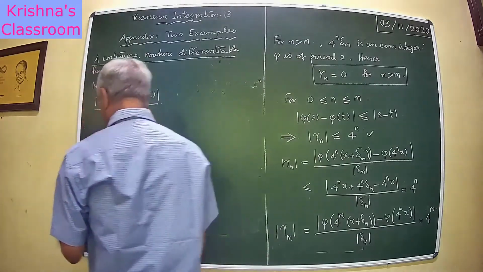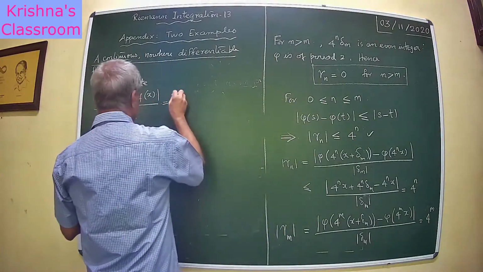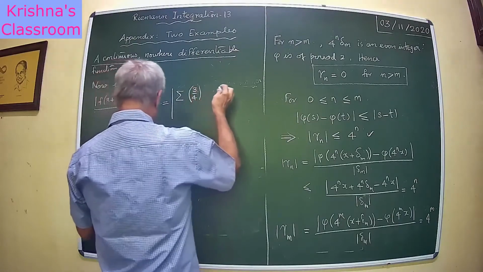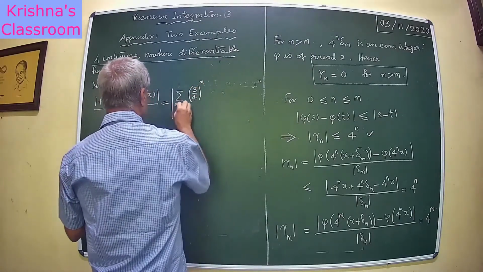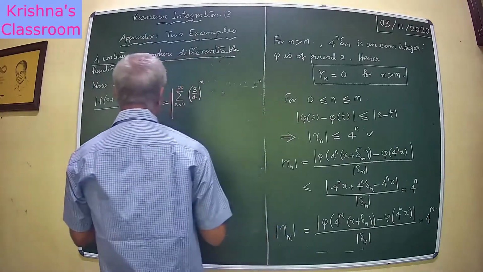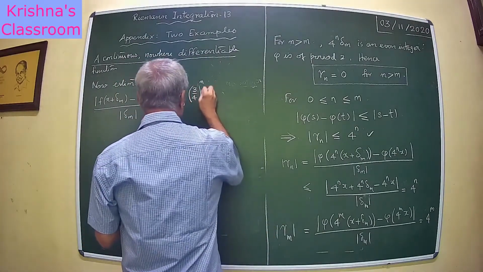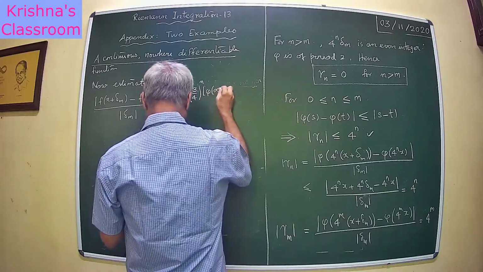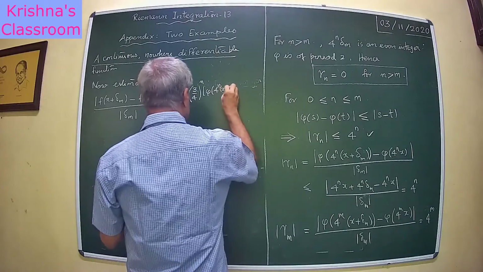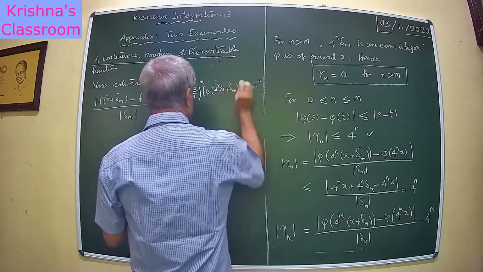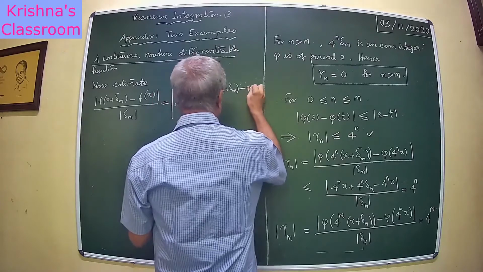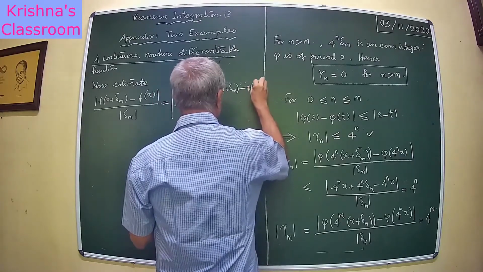You write down the series here. So this is equal to, in fact, this is sigma 3 by 4 whole to the power n minus this.